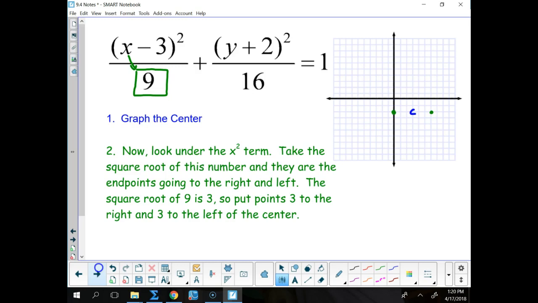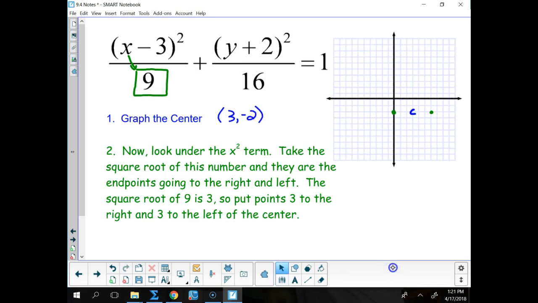Good question. For a normal A and stuff, A equals the number, so would you do plus minus 3 or just 3? Well, the plus and minus, you would add 3 and you would subtract 3. So yes, you would do plus and minus 3 to the center. So our center again was at 3 comma negative 2.